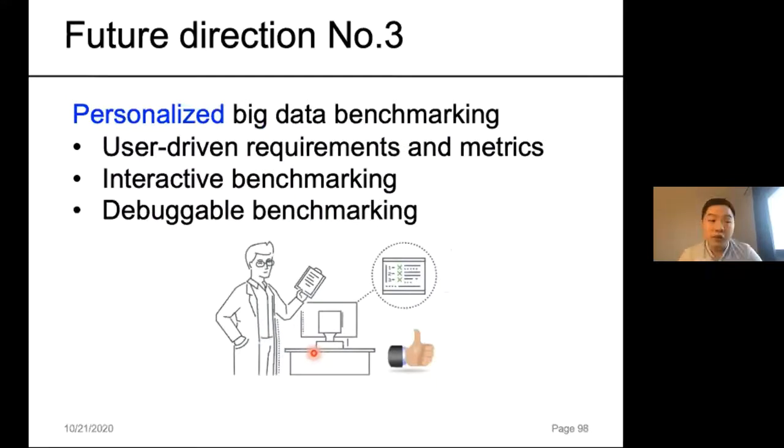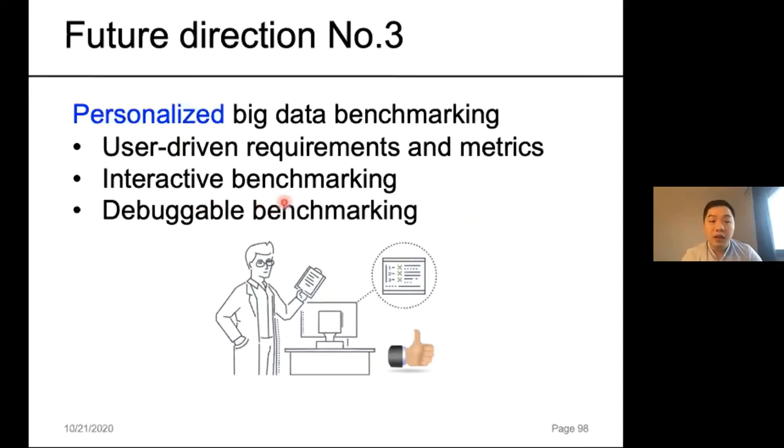And the next direction I'm thinking of is personalized big data benchmarking, because nowadays, from a user point of view, the user can define their own requirements and their own metrics, or the user can define the components that they want to benchmark.